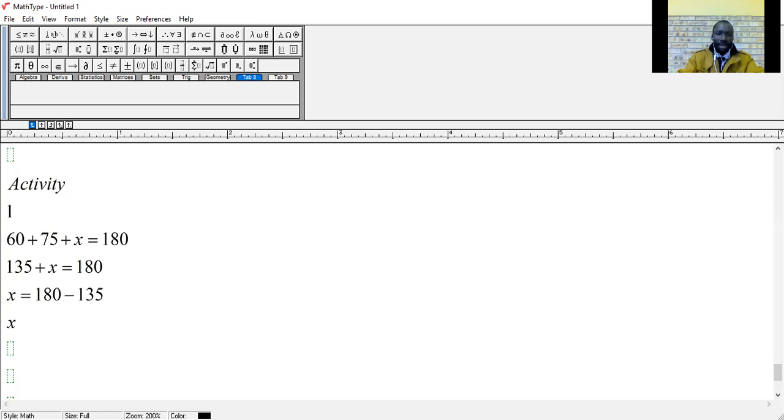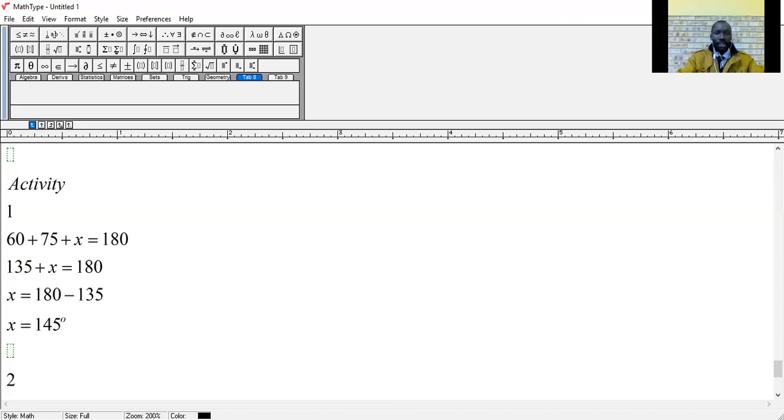That way we can find the value of X as 145 degrees. That is the value of X in activity 1 part 1.